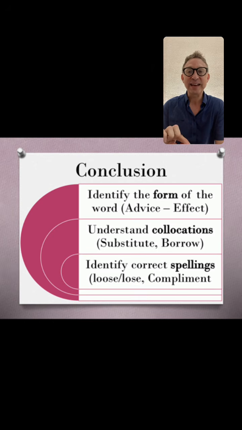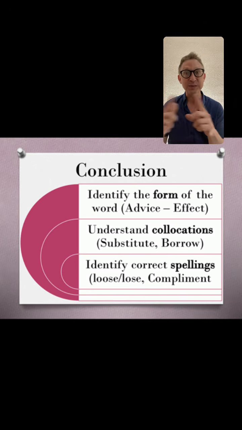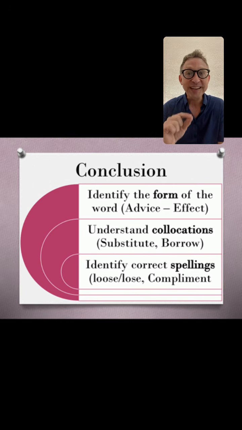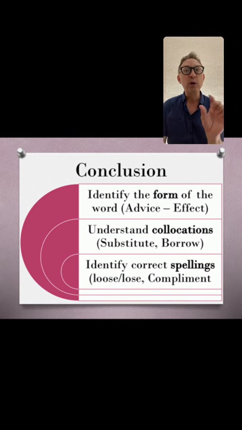Advise, advice. So advice is the noun, advise is the verb, affect is the noun, affect is the verb. So the form of the word can help you distinguish. The collocation of the word, how it's collocated, what words come before and after it.